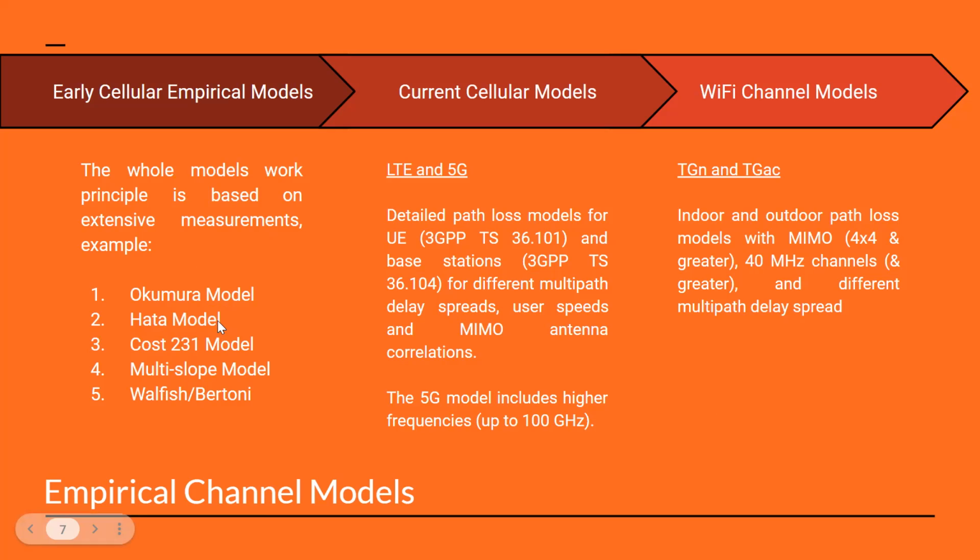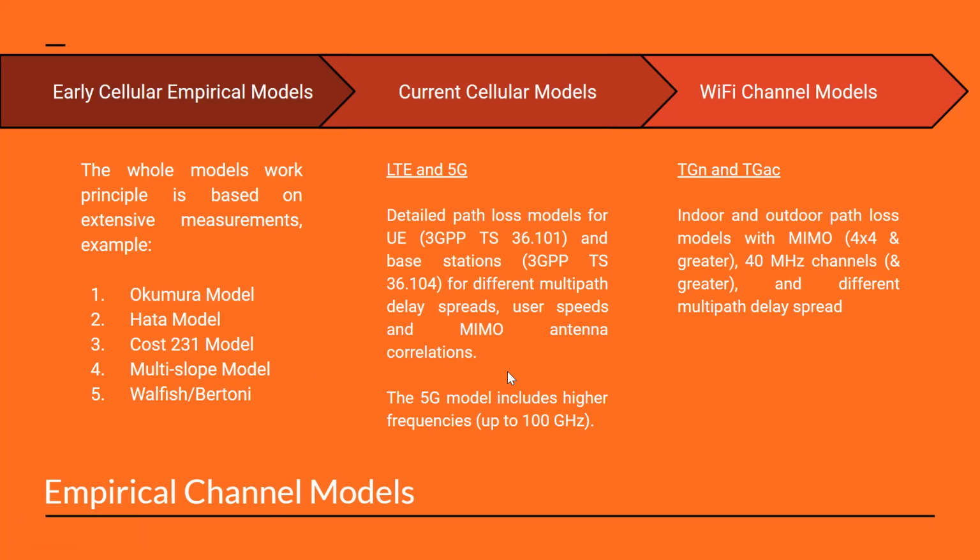The Hata model is an analytical approximation to Okumura. The COST 231 model extends the Hata model to higher frequency and multi-slope, and then the Walfisch or Bertoni model extends the COST 231 model to include diffraction.